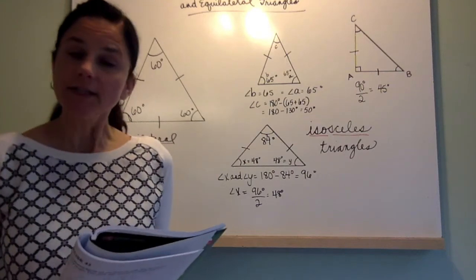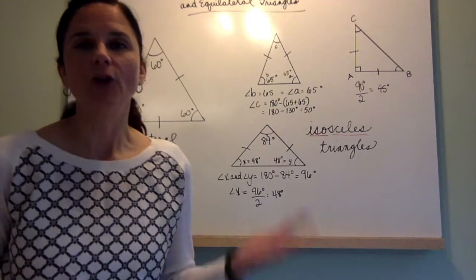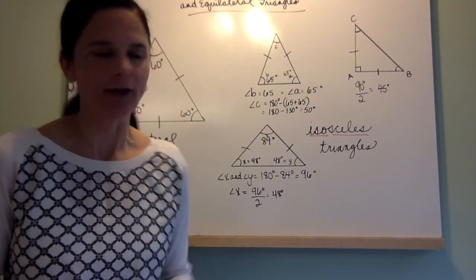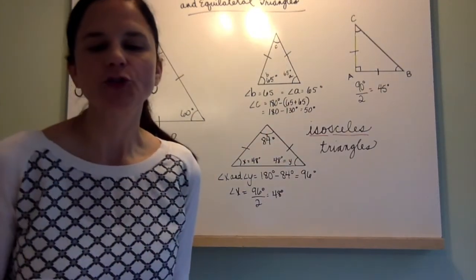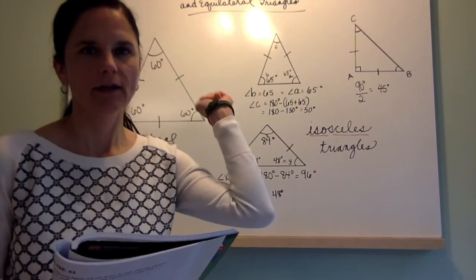So these triangles in your workbook are not drawn to scale and have unknown angles. You are to find the unknown marked angles, like we did here together, and then you are to mark each isosceles triangle with a check.